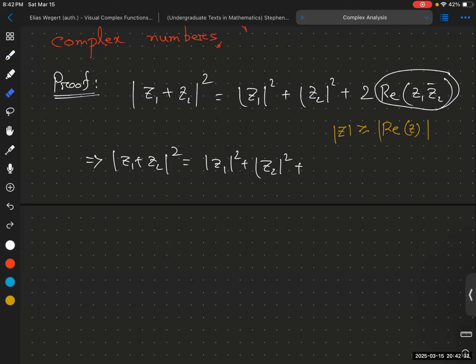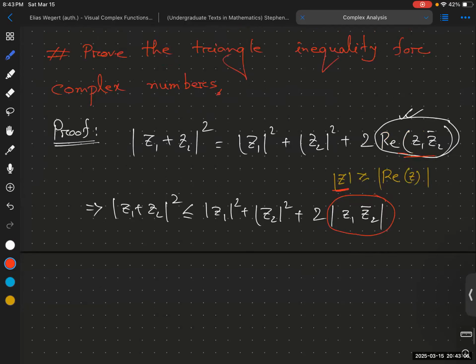The equality will be gone, and this will be replaced by a less than or equal inequality. It will be just 2 times the modulus of z1 z2 bar. So we are just replacing this part with this part, and obviously this part is greater than this part, so we can simply use it here.